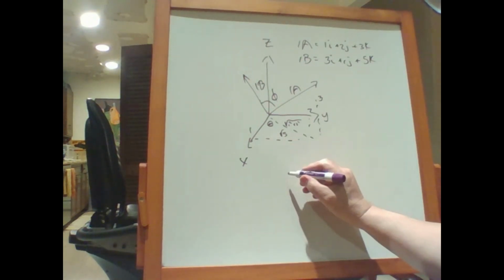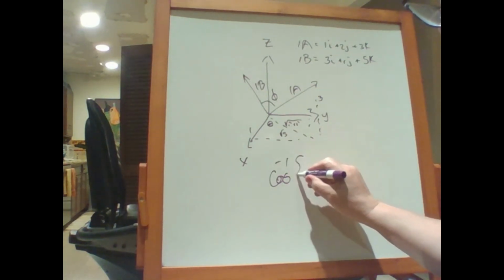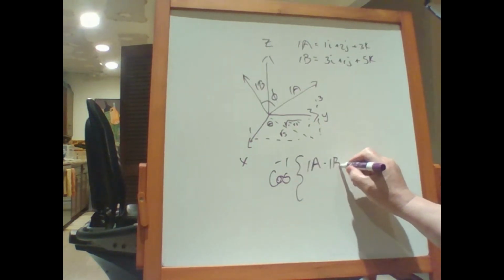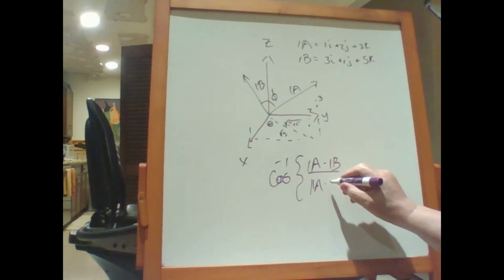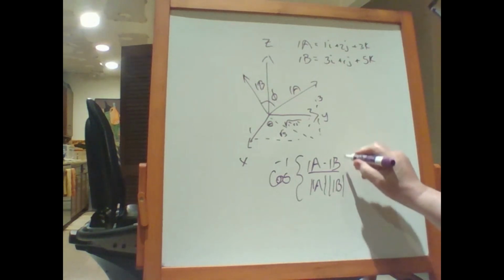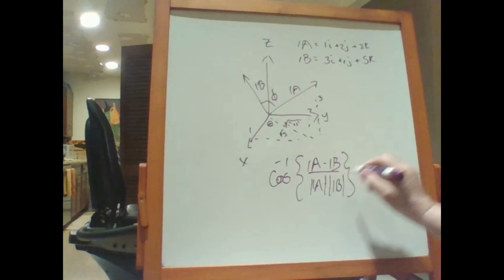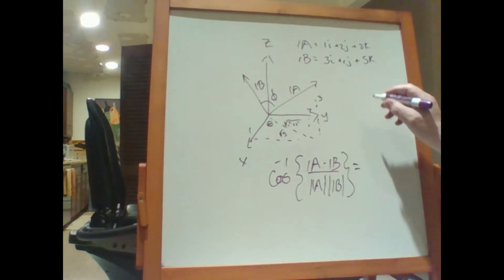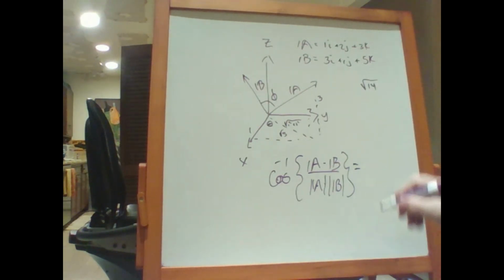That would be the inverse cosine of A dot B over magnitude A times magnitude of B. And that would be equal to, well, we have to get the magnitude of A and magnitude of B. Magnitude of A we had was the square root of 14.